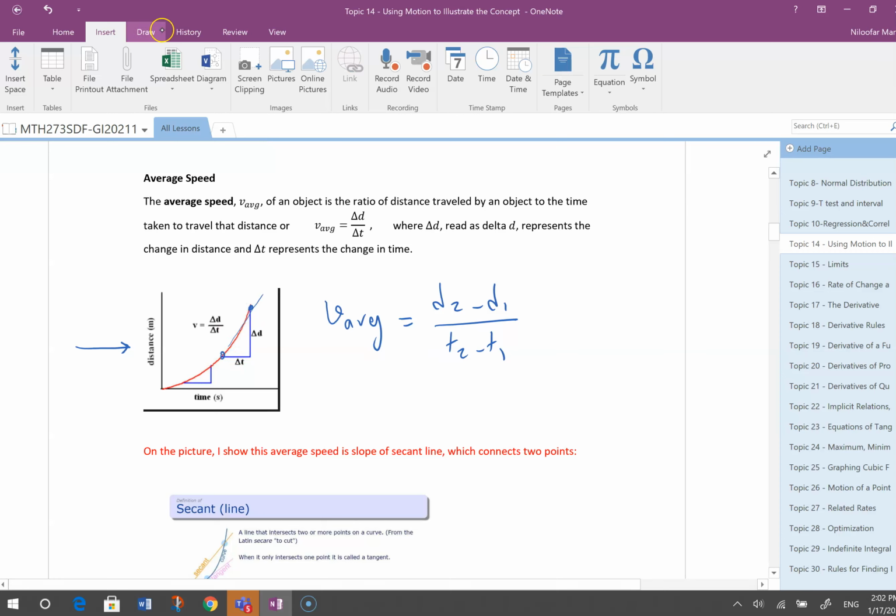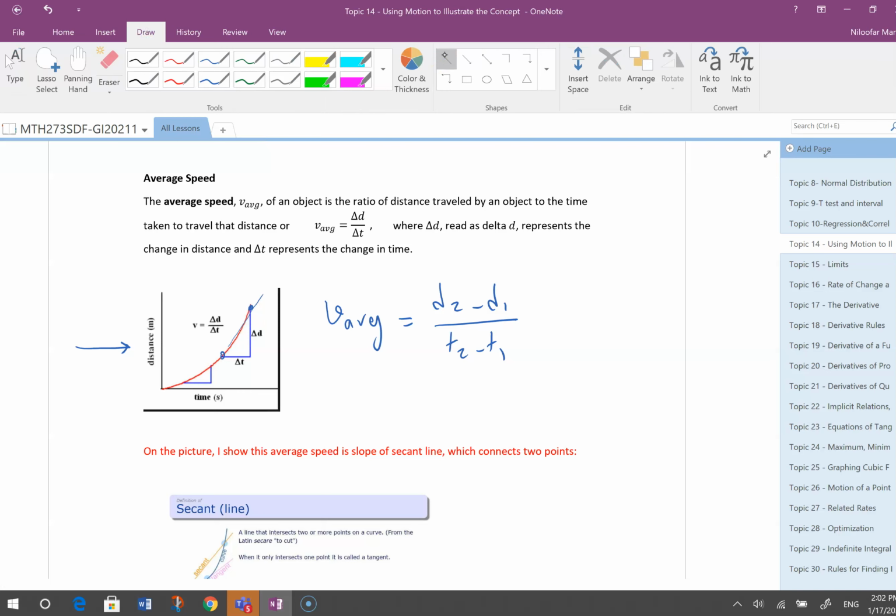Okay, so let me see if I can draw it this way. I just use maybe this.